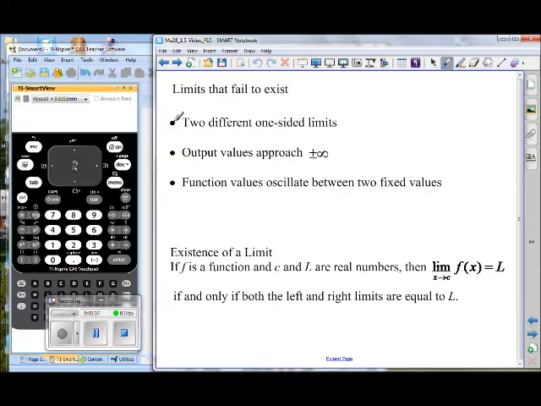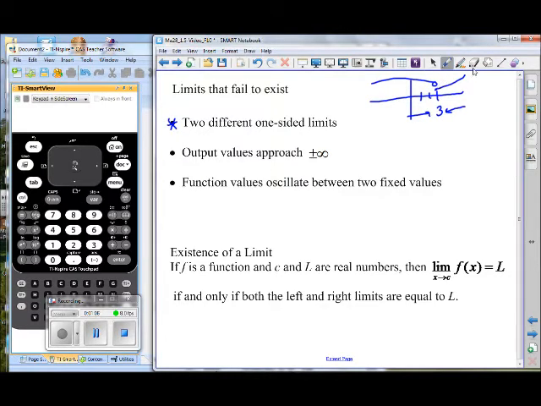One way is two different one-sided limits. Suppose we're looking at 3 and we're approaching 3 from both sides. And again, remember that's a requirement for a limit to exist, that we approach from both sides. As we do this, one part of the graph looks like this, and the other part looks like this.